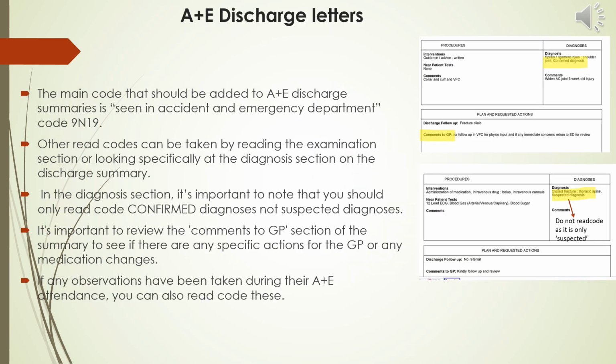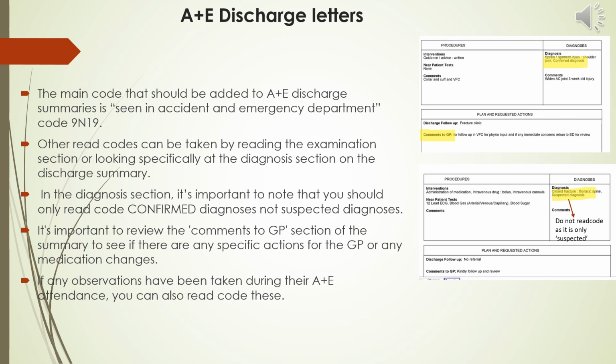With an A&E discharge letter, the primary code used is Seen in Accident and Emergency Department, code 9N19. Other read codes can be taken by reading the examination section or looking specifically at the diagnosis section on the discharge summary. In the diagnosis section, it's important to only ever read code a confirmed diagnosis and never a suspected diagnosis.